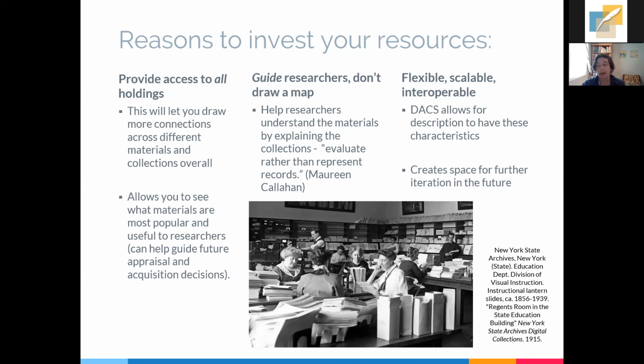So in the words of Maureen Callahan, which we'll provide a link to her blog post afterwards, this blog post was written from a talk that she gave in 2014 about archival description, where she talks about this idea of maps versus guides and how finding aids should evaluate rather than represent records.